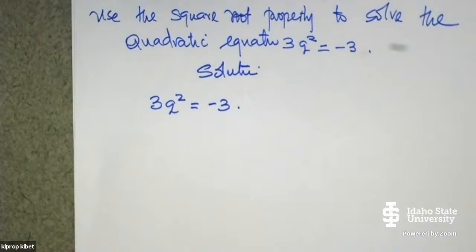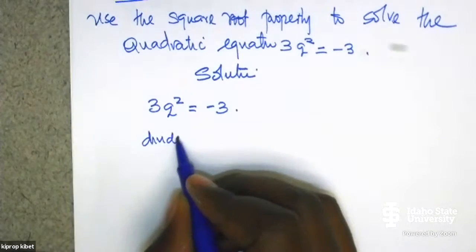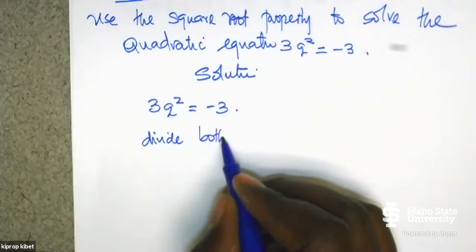The one that has the root should be on one side and the other value on the other side. So in this case, you divide both sides by 3.